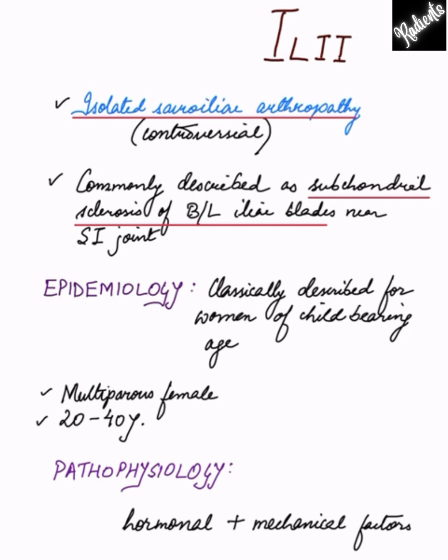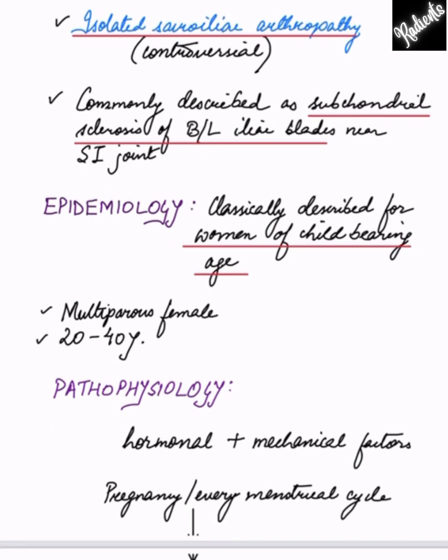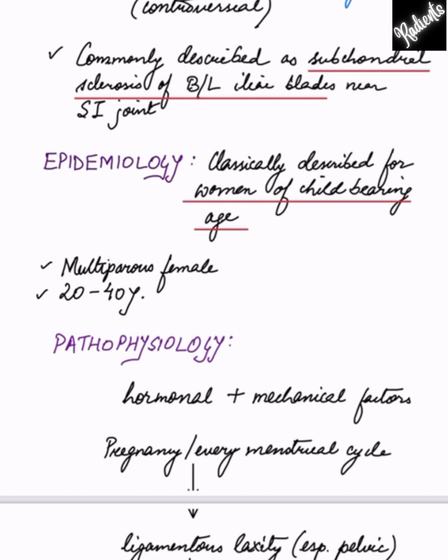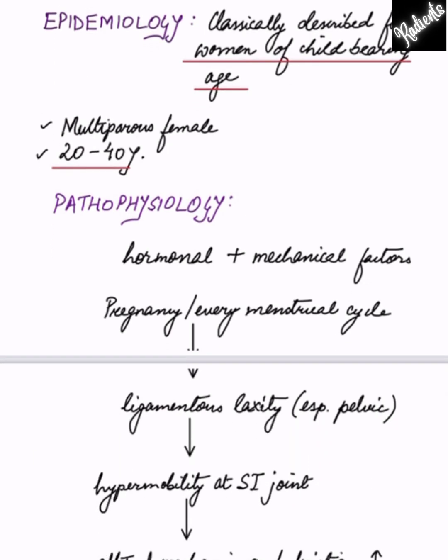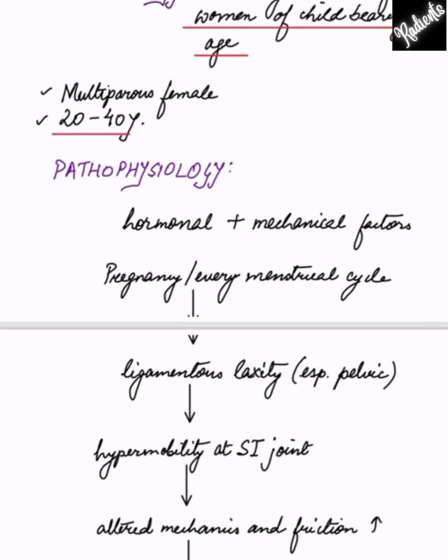Epidemiologically, it is classically described for women of childbearing age. So we are dealing with a multiparous female who is classically between the age range of 20 and 40 years, and our patient was in this range, she was 30 years old. If we talk about the pathophysiology, there are hormonal as well as mechanical factors involved in the development of this condition.